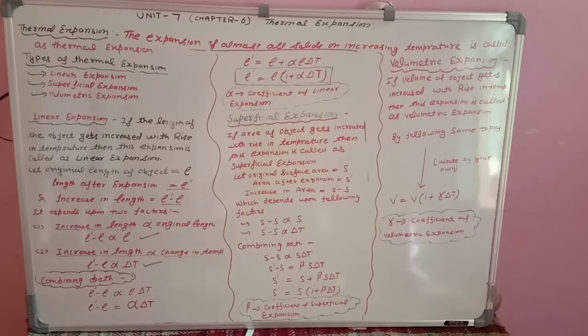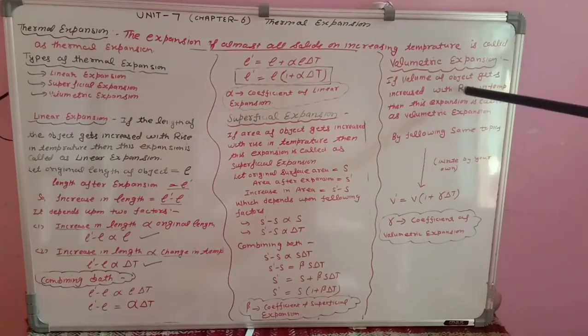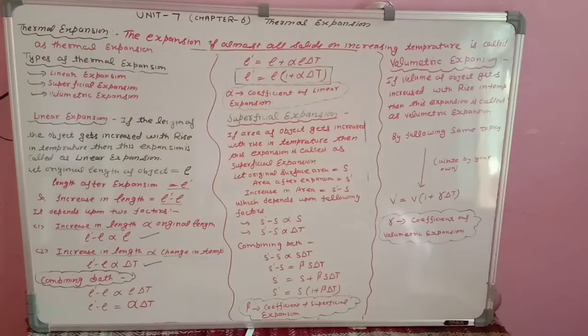Okay students, and our last part is now volumetric expansion. Students, volumetric expansion means that with rise in temperature, the volume of the object gets increased. If volume of the object gets increased, then this is known as volumetric expansion.